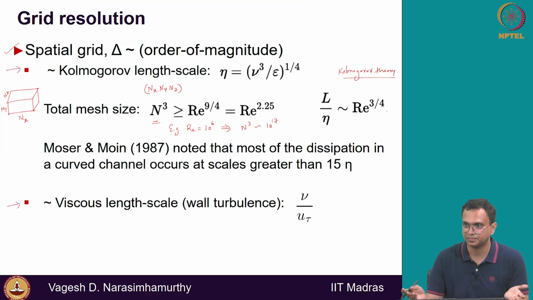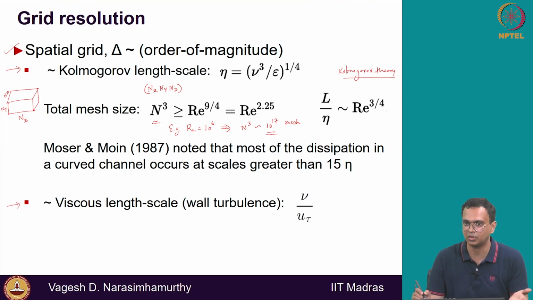Even for a flow with 1 meter per second and a 1 meter pipe, which is usually common, in that kind of scenario there is no supercomputer on earth which can handle 10 raised to 17 mesh points, degrees of freedom. So that is a limitation that we talked about in the beginning.